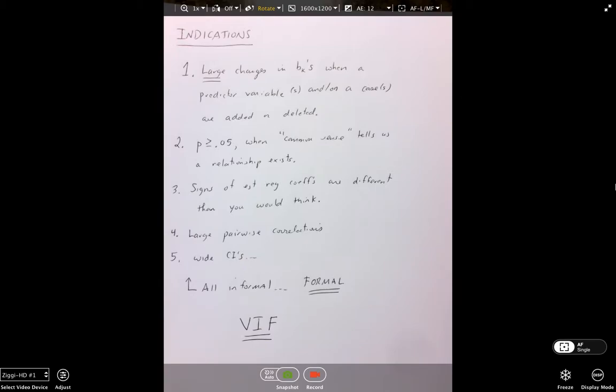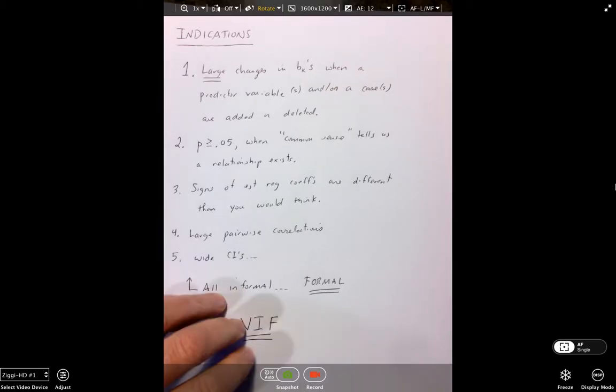So guys, it kind of creates a threshold or a baseline, and it says if the predictor variables were not at all linearly related, by what factor does the variance in the estimated regression coefficient increase due to the fact that the predictor variables are linearly related, which is essentially, at the end of the day, the definition of multicollinearity.